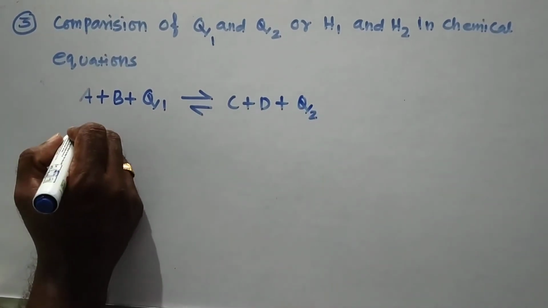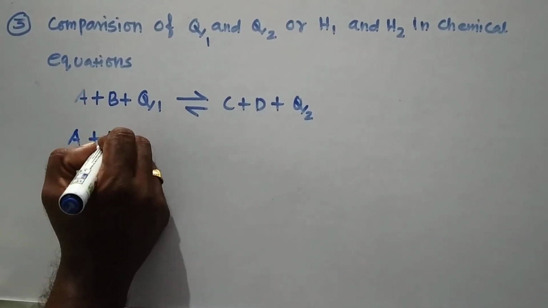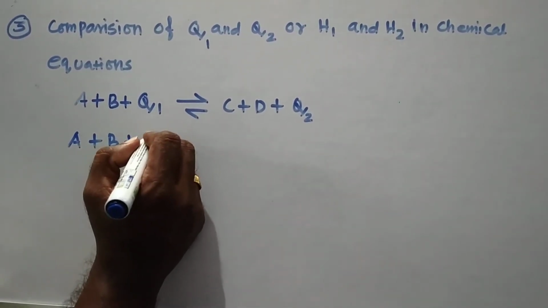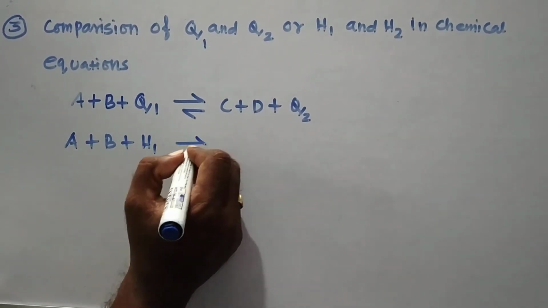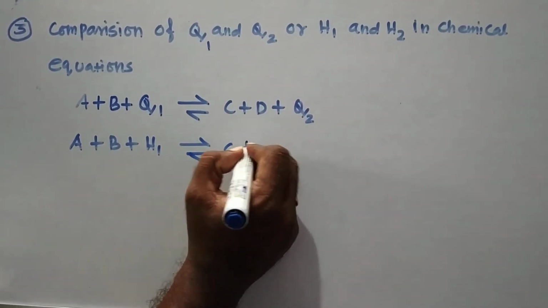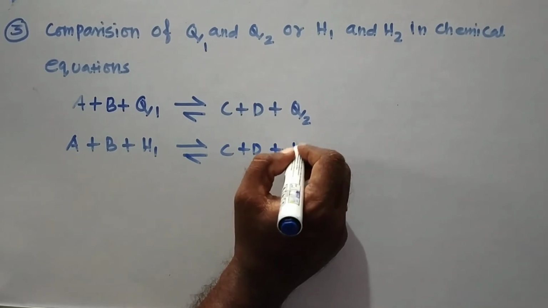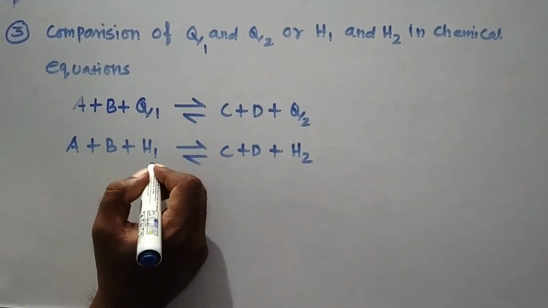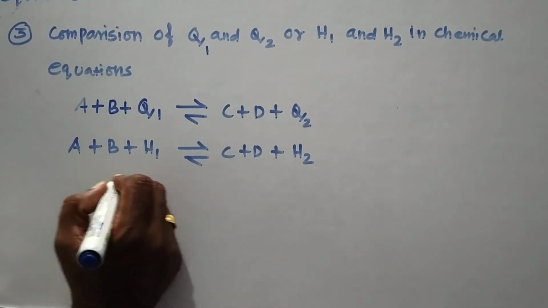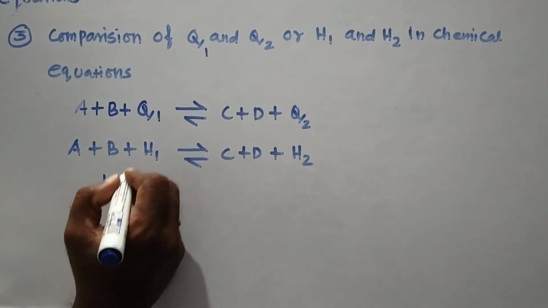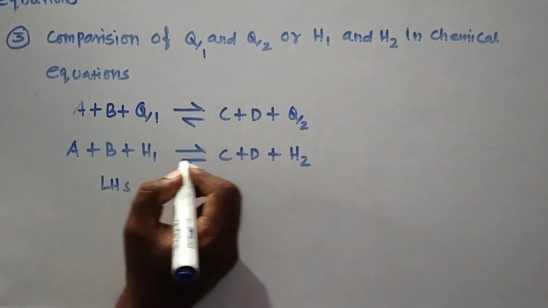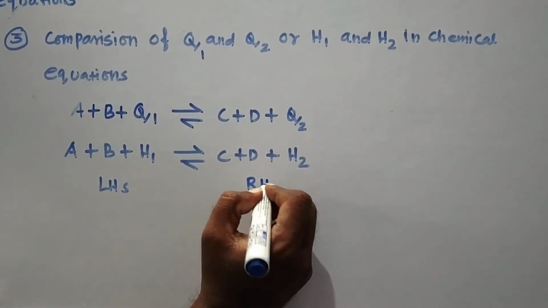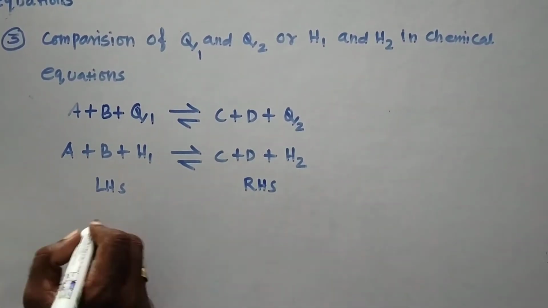Then A plus B plus H1 gives C plus D plus H2. Two heats are given: on the left hand side, Q1 and H1 are given. On the right hand side, Q2 and H2 are given.